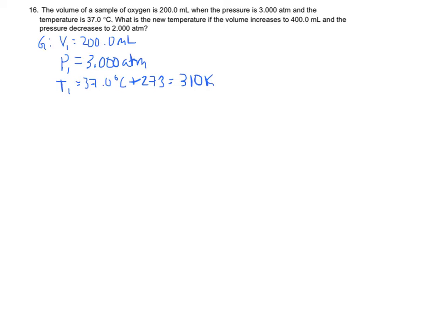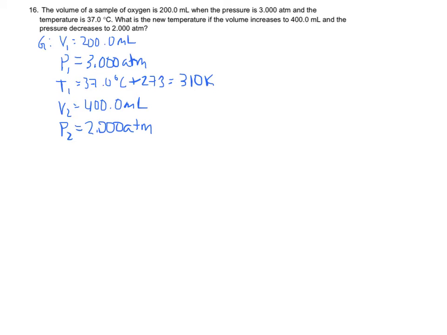All right, then we know that the volume is increased to 400 milliliters. So that's our final volume. And we know that the pressure is decreased to 2.000 atmospheres. So we know that that is the final pressure.